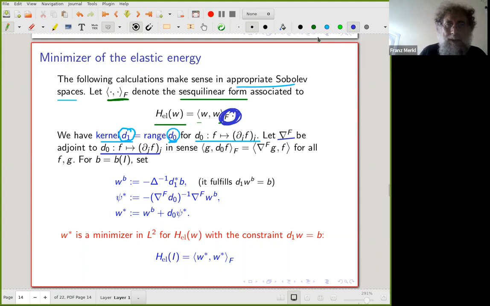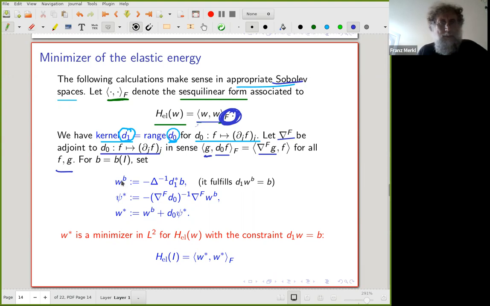So in formulas, it means that the inner product of D0 f with any g, with respect to this sesquilinear form, is equal to this nabla f adjoint of g, for all f and g in our Sobolev space.